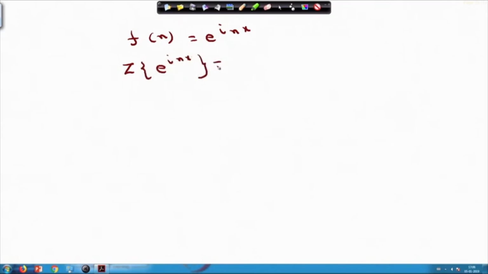From the earlier example itself, I can tell that it is z by z minus e power i x, because the z transform of a to the power n equals z by z minus a. We have already shown this in the last example. So, here I can substitute a as e power i x. Therefore, the z transform of this is equal to z by z minus e power i x.